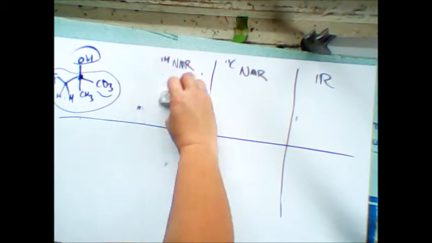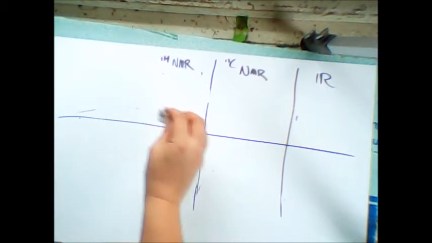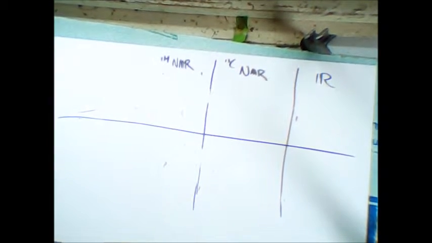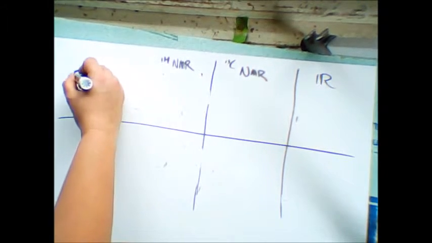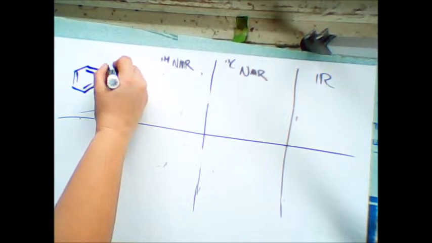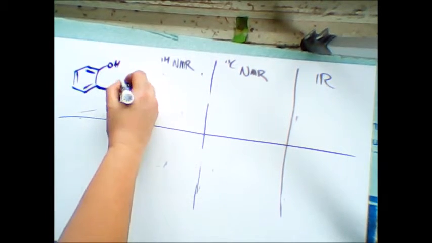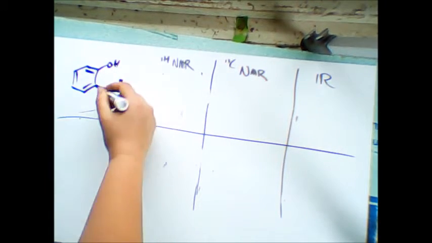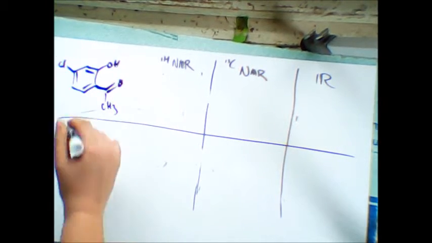Final structure. Pair of aromatic rings. Aromatic rings are always fun. And this is where our IR, which is apparently one of the hardest sentences in the universe to say, is going to come into play.